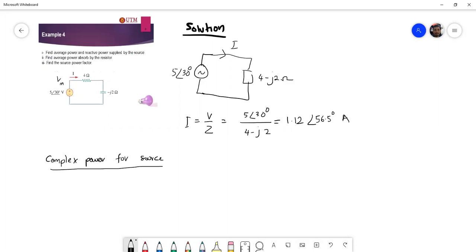The complex power for the source is S equals 1 over 2 Vm Im conjugate.